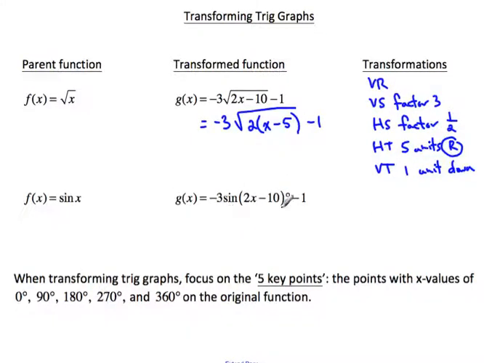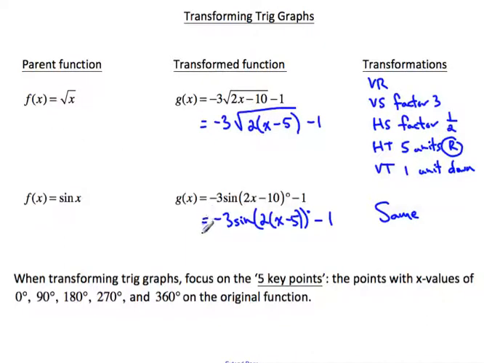Again, to identify all the transformations, we need to remember to factor that 2 out so that the immediate coefficient of x is positive 1. Then we would get something like this, which looks, again, very much like the transformed function g of x above. And in fact, of course, all the transformations to take f of x and get g of x in this case are the same as we got here.